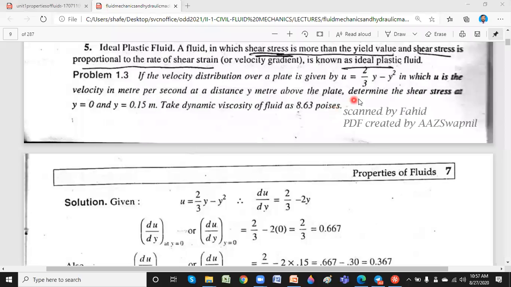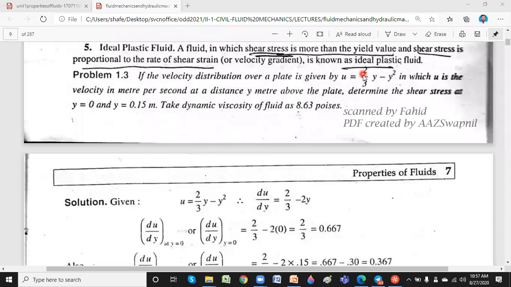Determine the shear stress at y equal to 0 and y equal to 0.15 meters. Take the dynamic viscosity of fluid as 8.63 poise, but don't keep it in poise in your problems. I have to convert into SI unit. The dynamic viscosity SI unit is Newton second per meter square.